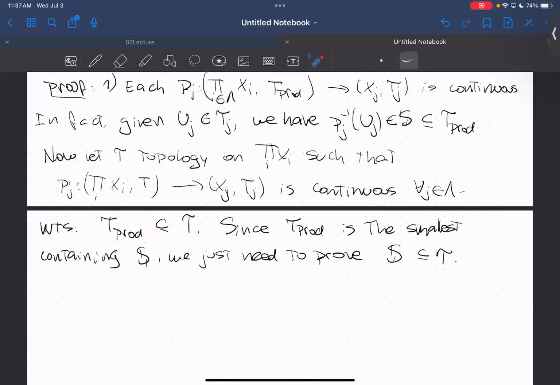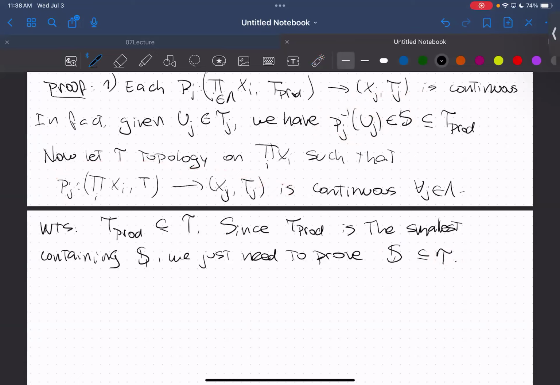If you prove S is inside that T and T prod is the smallest one containing S, then T prod will be contained in T. So how do we prove this? Remember, an arbitrary element looks like this. So we want to show each of these guys lives in T. But that's for free because this guy is continuous.